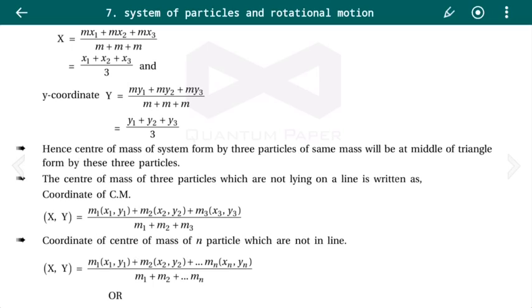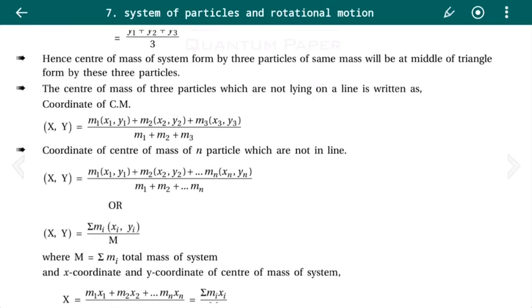In the same way, we can write: m1 into the position of the particle, that is (x1, y1), so m1 into (x1, y1) plus m2 into (x2, y2) plus m3 into (x3, y3) upon the total mass, that is m1 plus m2 plus m3.